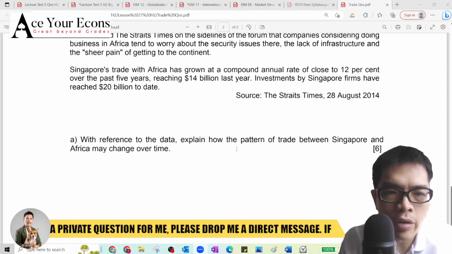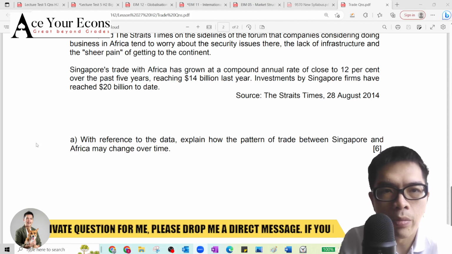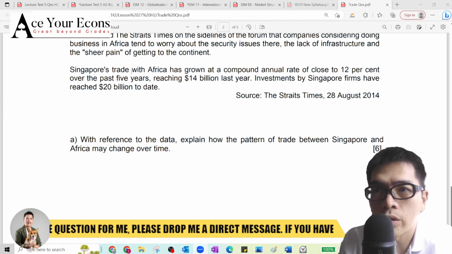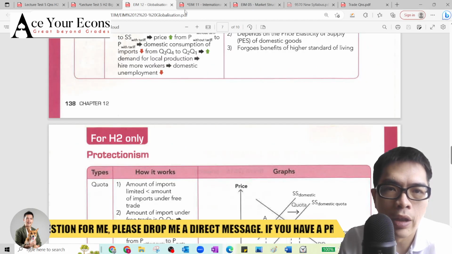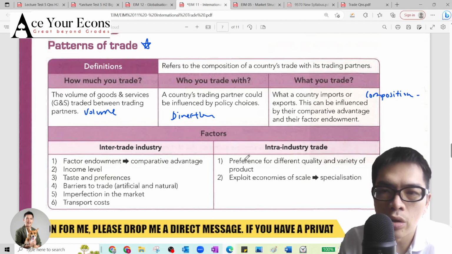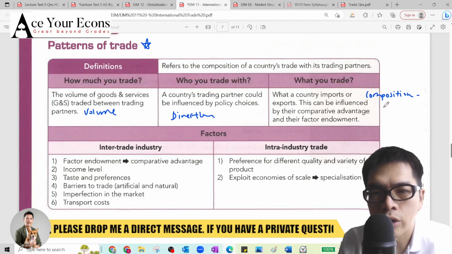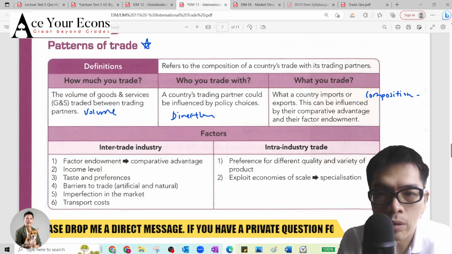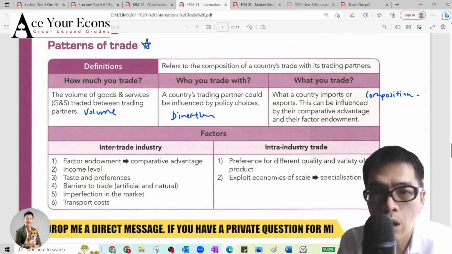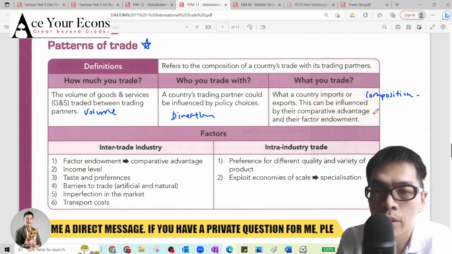The question has already predetermined the patterns of trade between these two countries. So direction is the one that is of the least importance. You will want to try your best to illustrate either volume or composition. And between the two, which one is going to be more important? Obviously, composition is going to be more important, right?